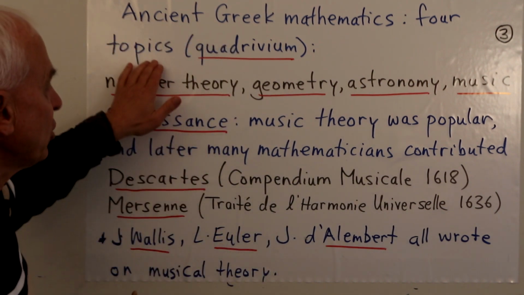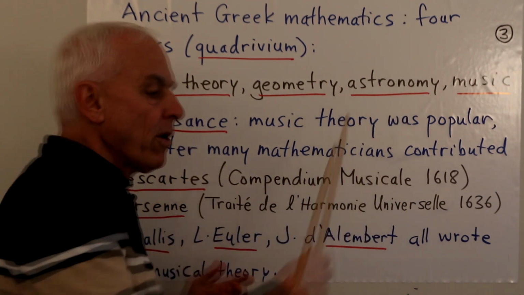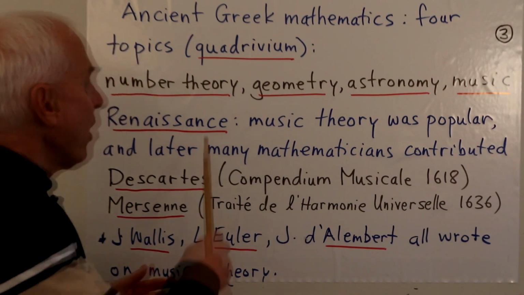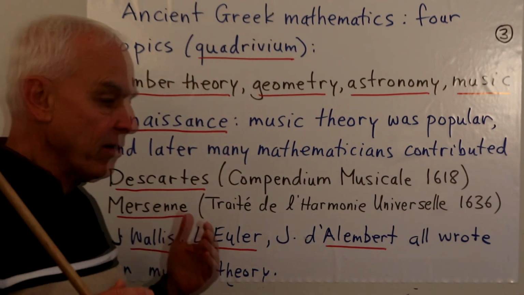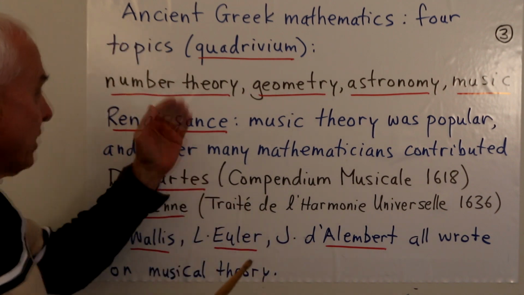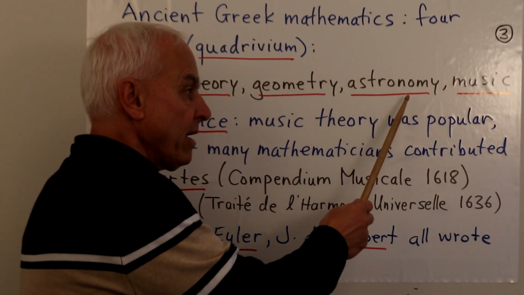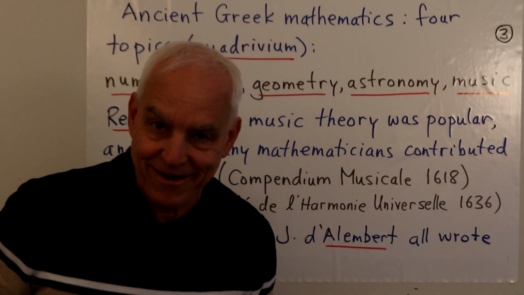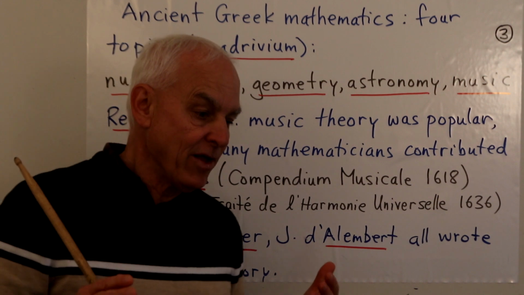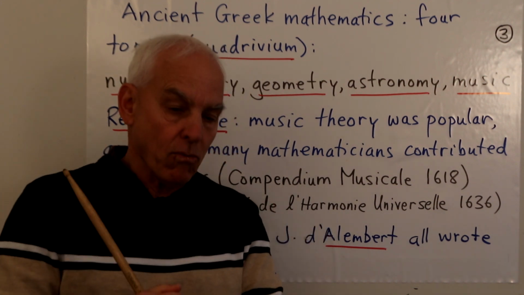So in ancient Greek study, there were essentially 4 aspects of mathematics. It was called the quadrivium. And the quadrivium, encompassing mathematics, consisted of number theory, geometry, astronomy, and music. It might be a bit of a surprise these days to think of music as a chapter of mathematics, but classically that's what it was.